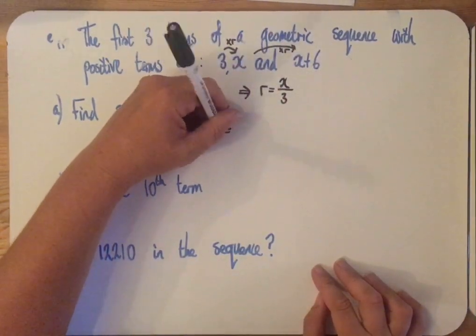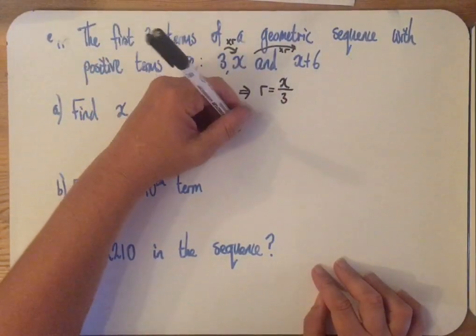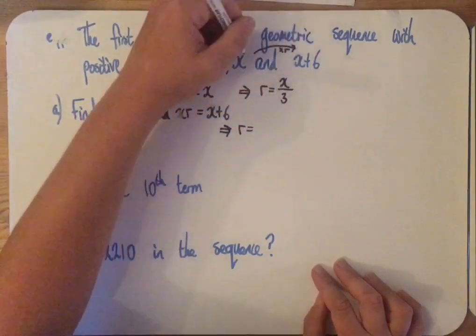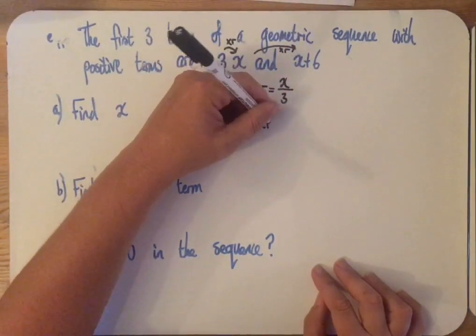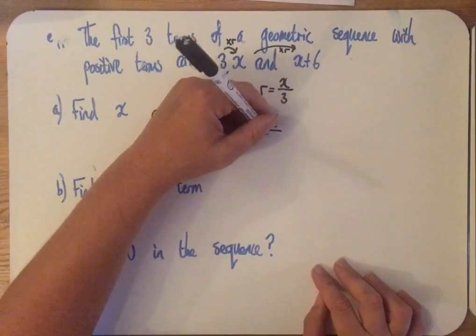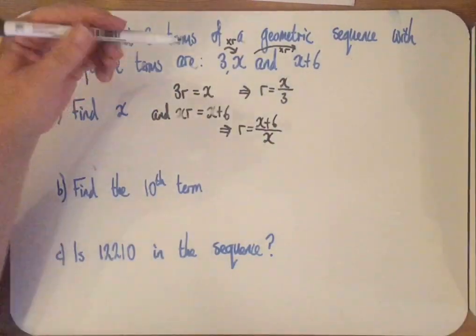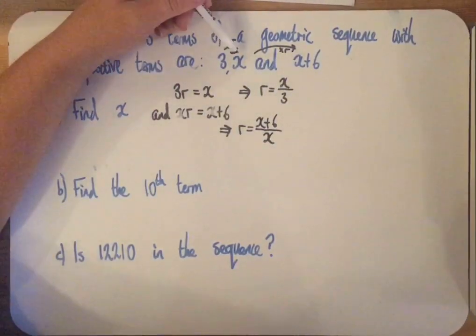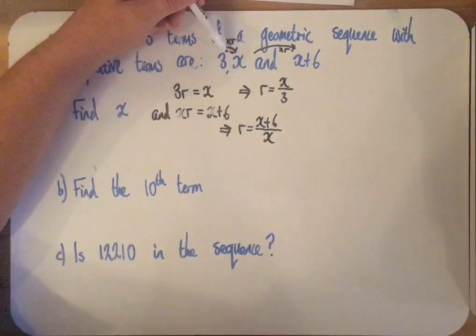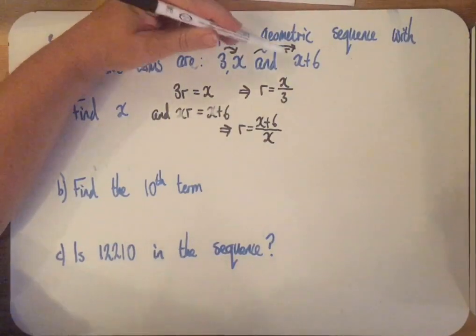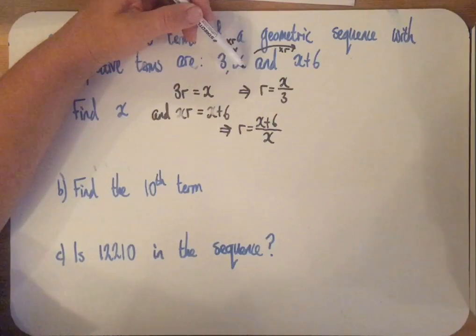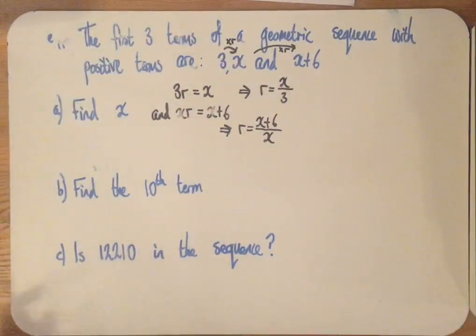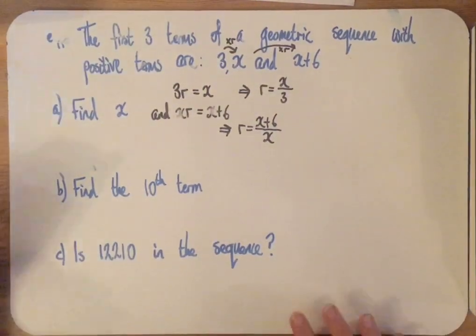And this one here gives that r is equal to x plus 6 over x. So it's that same idea. If you divide one of the terms by the previous one in a geometric sequence, you'll always get r. It's worth remembering that.